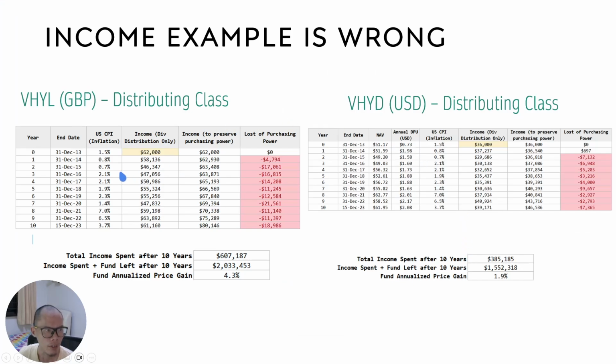Over here on the left side, you see my presentation on the VHYL in Great Britain pounds, and this is the income distribution. I've used about $62,000 of income, if we solely spend the income from the distribution and don't spend the capital on a 1 million portfolio.